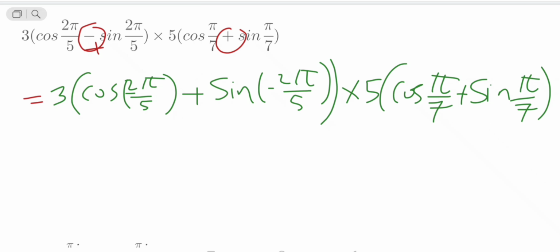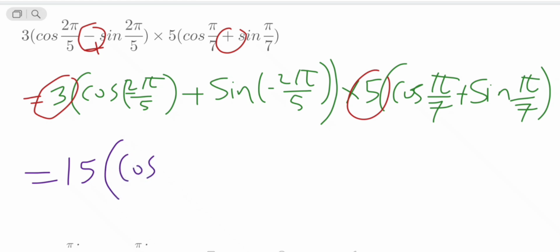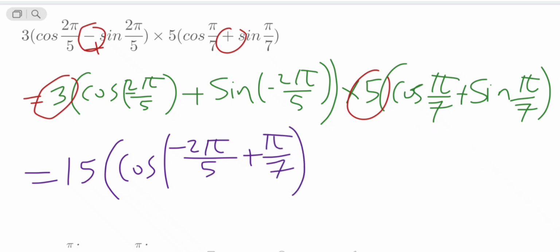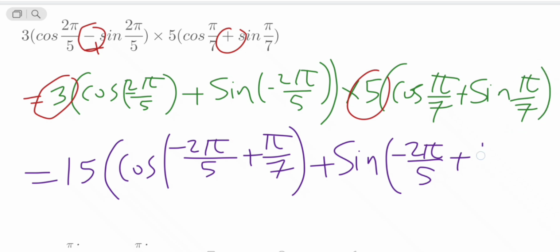As I told you, first we will multiply the r with r, which is equal to 3 times 5, 15 bracket cos, we will add the angles, that means minus 2 pi over 5 plus pi over 7, plus sine of minus 2 pi over 5 plus pi over 7.